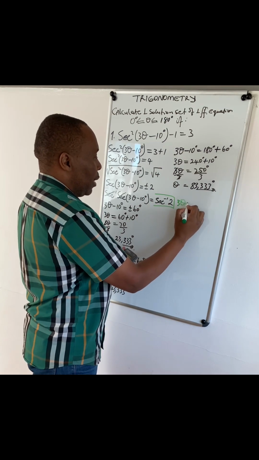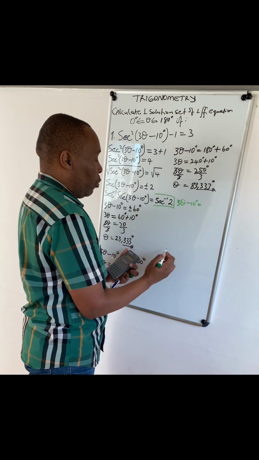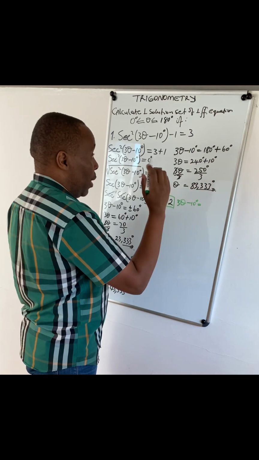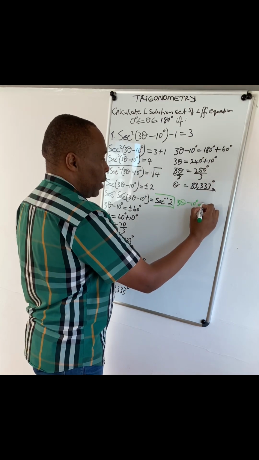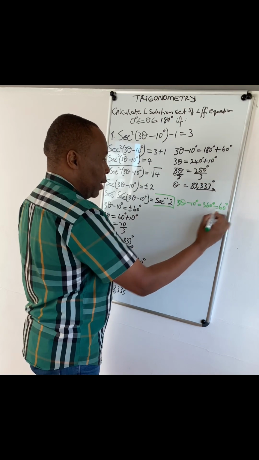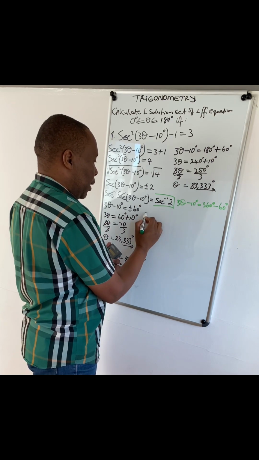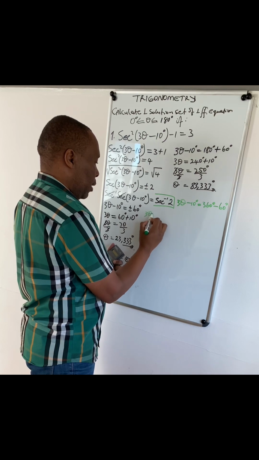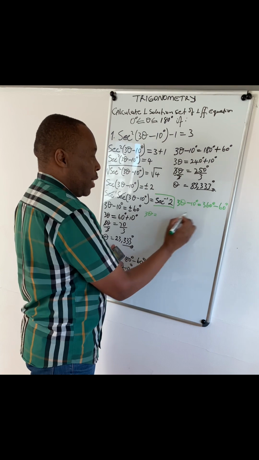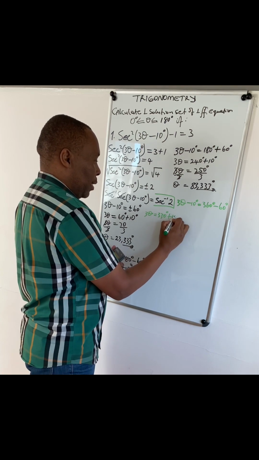So 3 theta minus 10 degrees is equal to, we've dealt with first, second, third, we're in the fourth quadrant now, which means it's 360 degrees minus the 60 degrees. 3 theta is equal to 360 minus 60, it's 330 degrees plus 10 degrees.